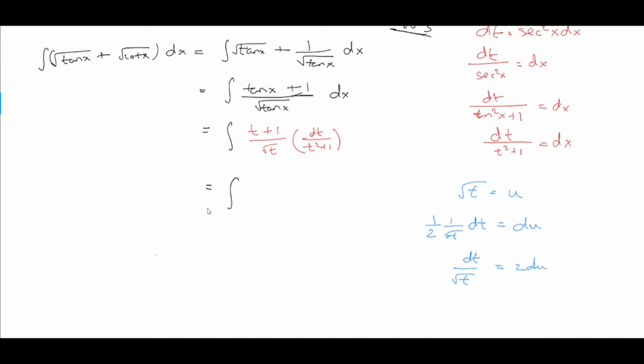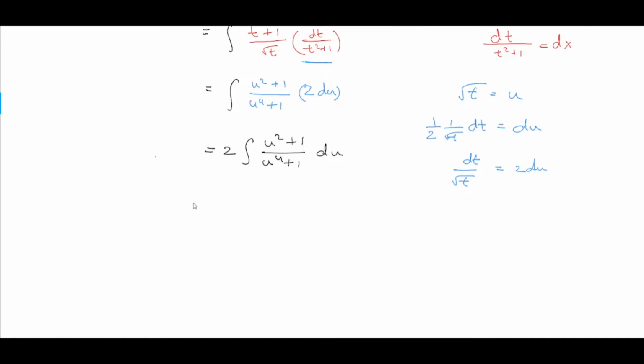Let's substitute it back. Root t is u, so t is u square, plus 1 by t square plus 1, where t square is u power 4, plus 1, and the other part dt by root t is nothing but 2 du. Adding it all back, I'm going to have 2 times the integral of u square plus 1 by u power 4 plus 1 du. That's pretty interesting actually.